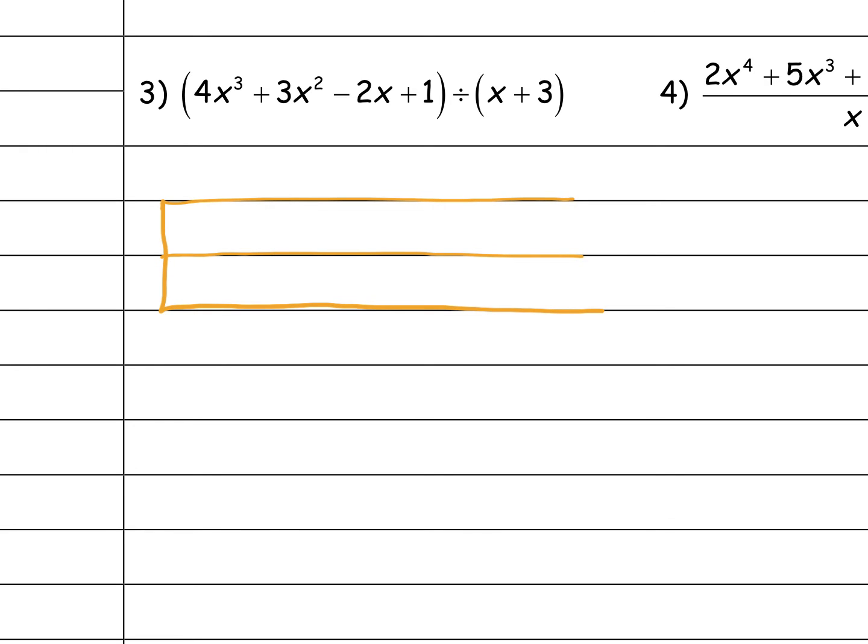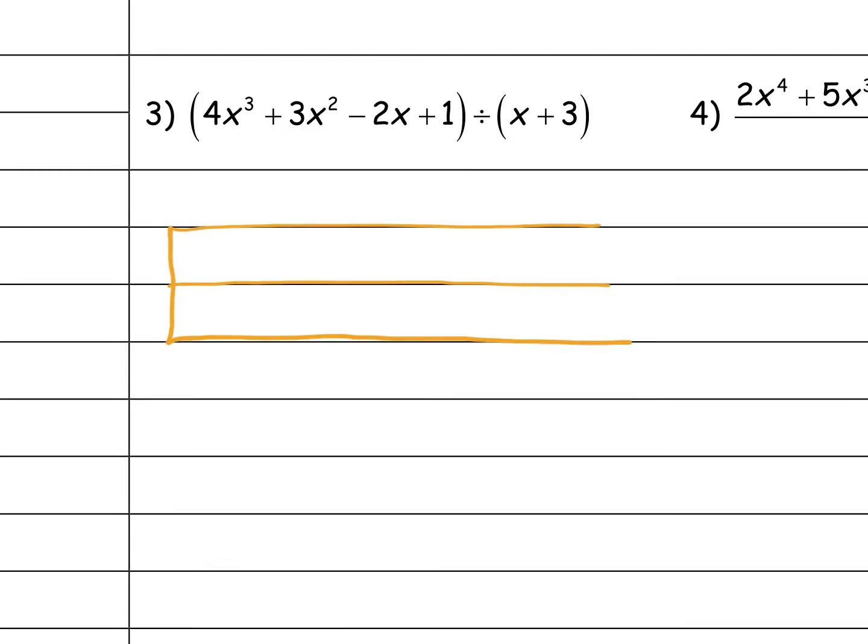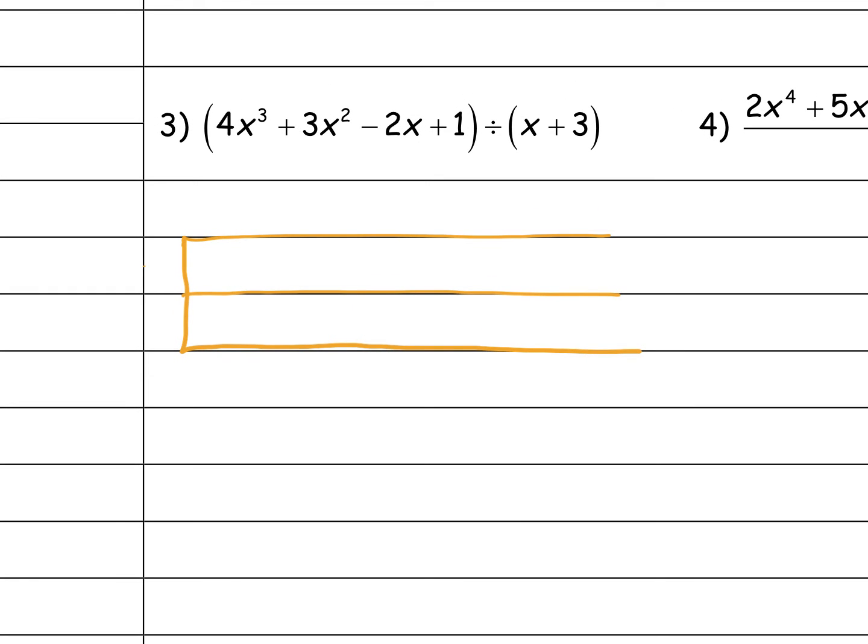I think I'll do 3 or 4 before I let you guys try a couple. So I've got x plus 3 again, and this is going to be 4x cubed.